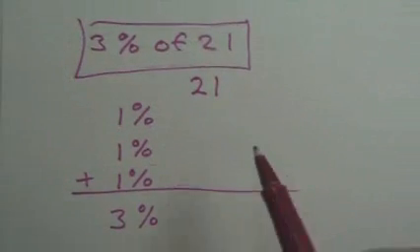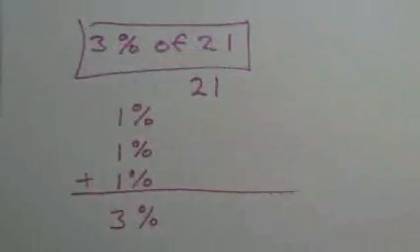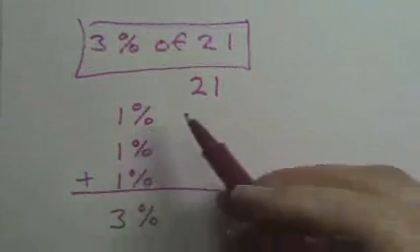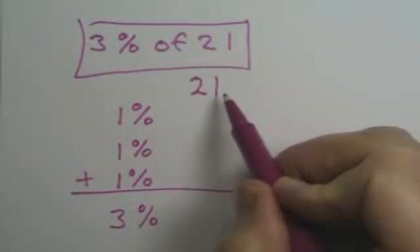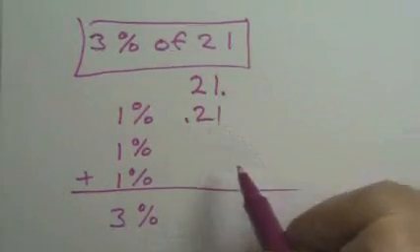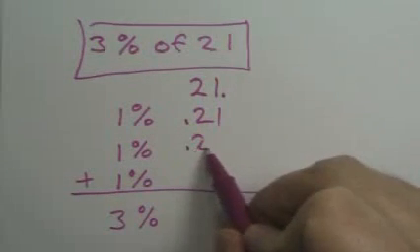Just one last quick example, not on your notes, but on here. If you're asked to find 3% of 21, what you can do is find 1% of 21. Okay, so 1% of 21, I just move the decimal 2 spaces. And what I would do is go ahead and add that 3 times.